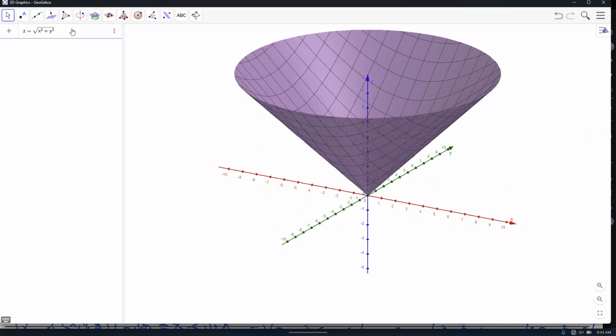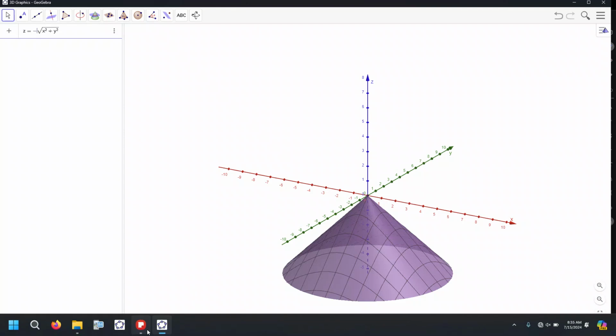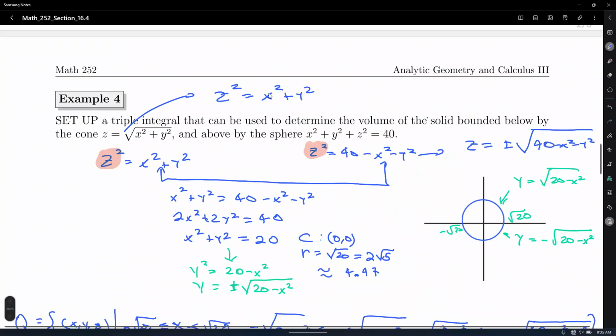So that's just the upper cone, the one given by the radical. But what if I had the minus? I would have the cone below. And where can I get the plus or the minus? Potentially from solving this z squared equals x squared plus y squared for z. But in this case, we're only given the upper part.